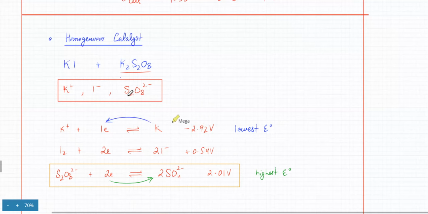Okay, we've figured this out. We can add the two equations up and come up with an overall equation, where the electrons lost and the electrons gained are equal. So we can simply add up the reactants and the products. The reactants are, in the first one, 2I minus 1, and in the second one, S2O8 2 minus.